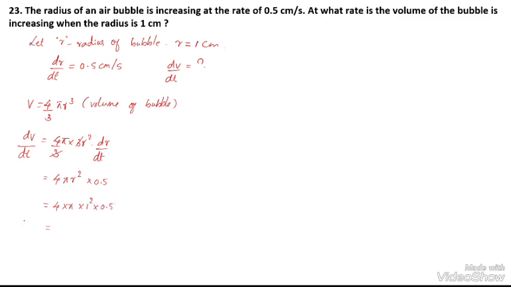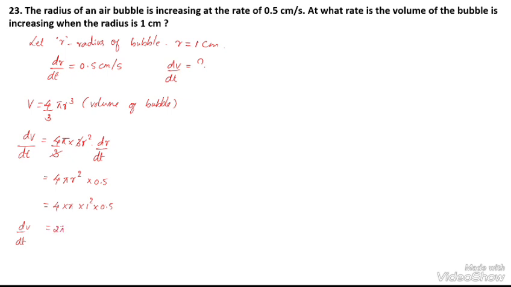dv by dt: 1 square becomes 1, and 4 into 0.5 is 2.